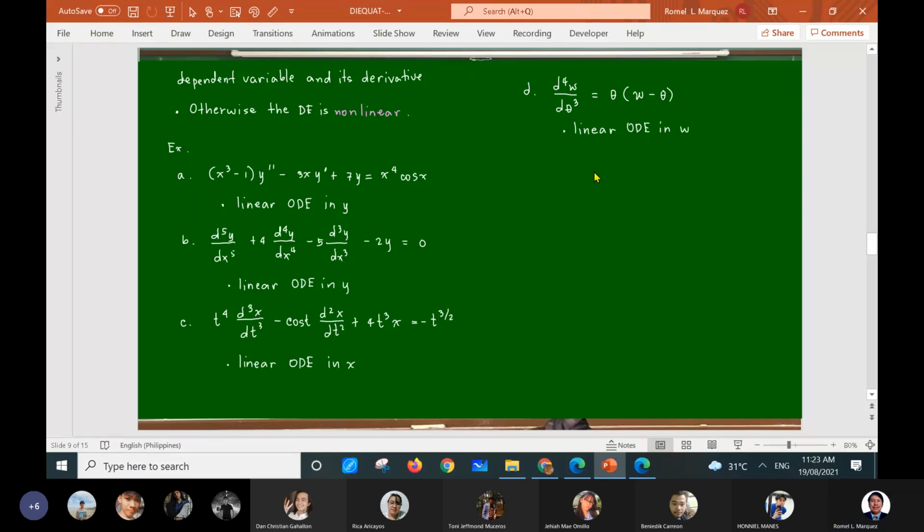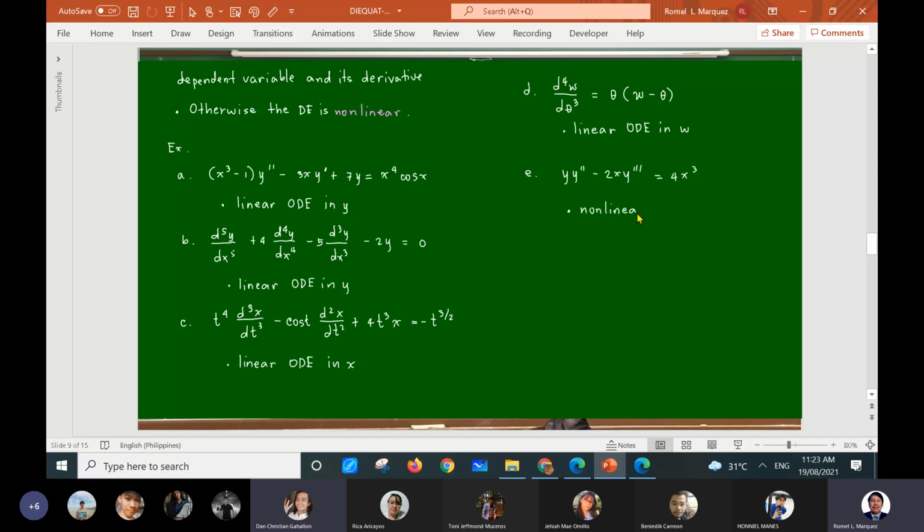What about if I have letter E? We have x, y double prime minus 2x, y triple prime is equal to 4x cubed. What about this, guys? Is this linear or non-linear? Non-linear. For what reason?